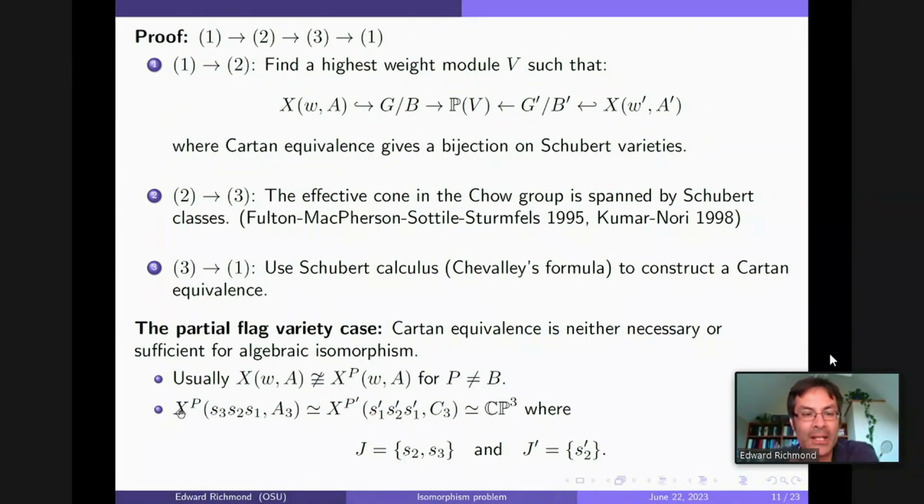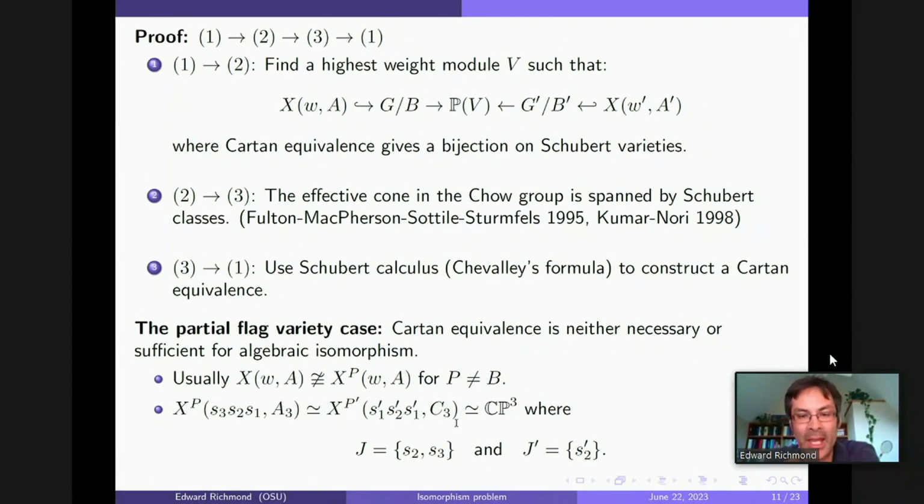here I have a partial flag variety case of type A and type C. This is kind of technical. What this type A one is, is the Grassmannian of one planes in C4. So this is CP3. And the second one is isotropic lines in C4, where the isotropy is taken with respect to a symplectic inner product.